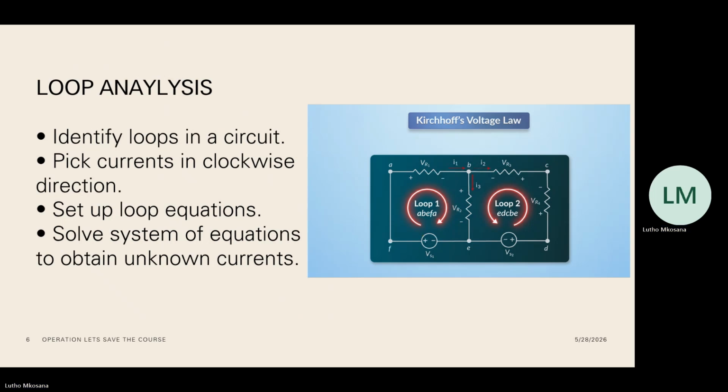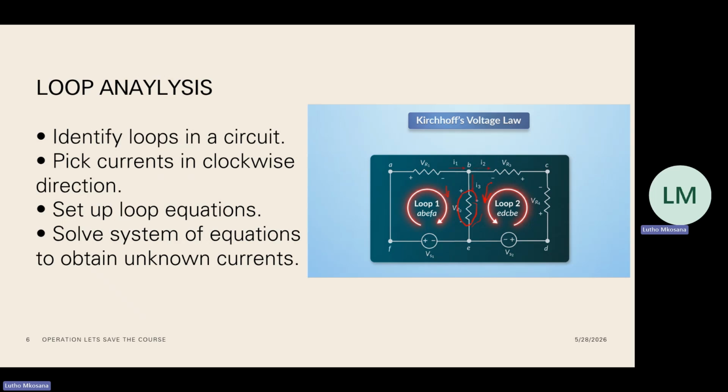In this situation, the sum of the voltage will be VR1 plus VR2. But the interesting thing with VR2 is that there are two currents acting upon it. We have the current in loop 1, and also the current in loop 2.